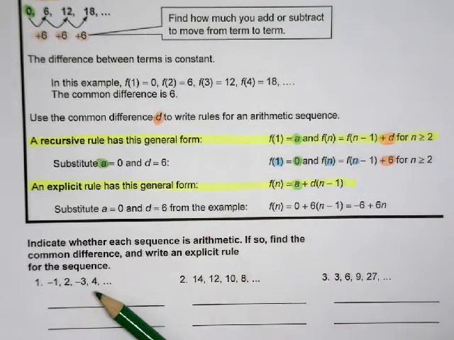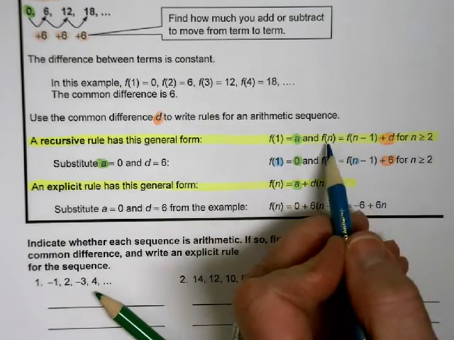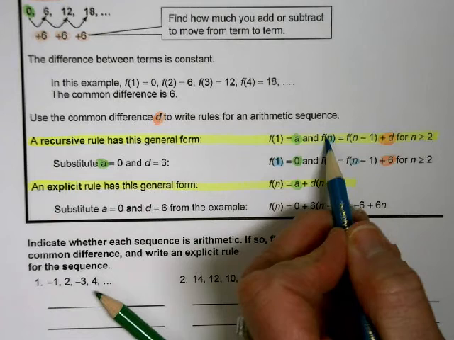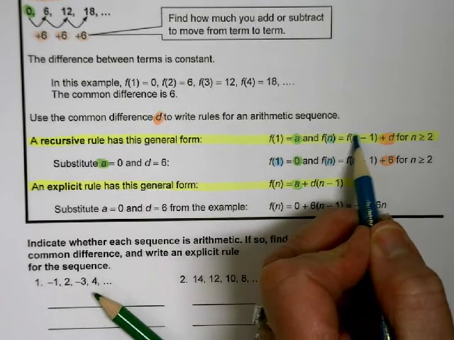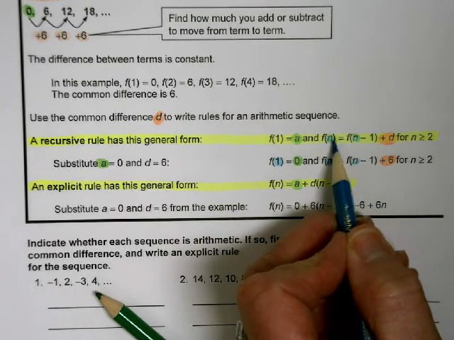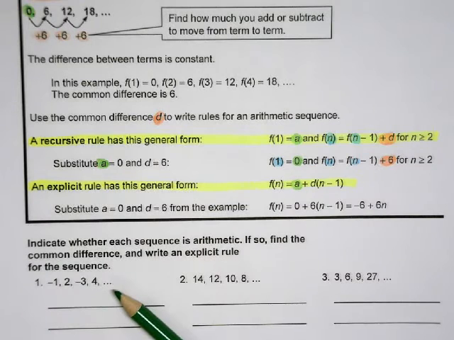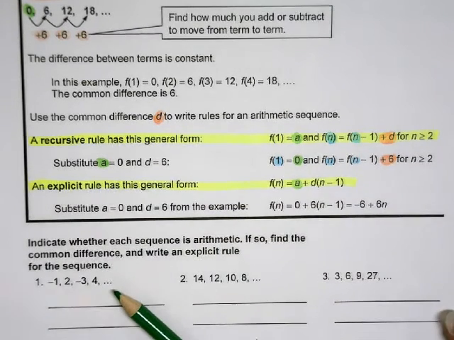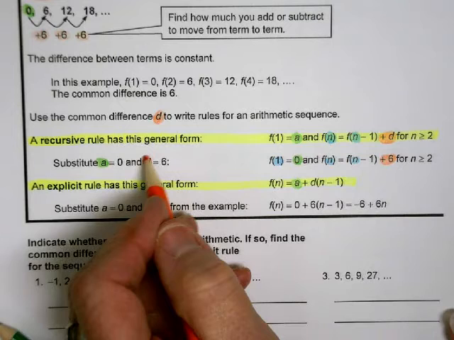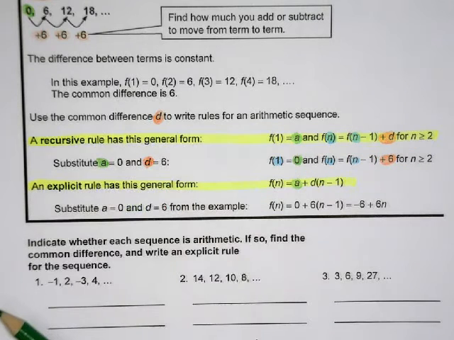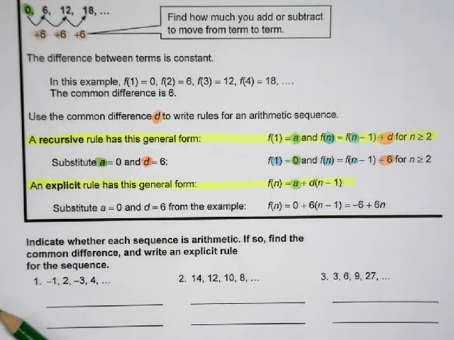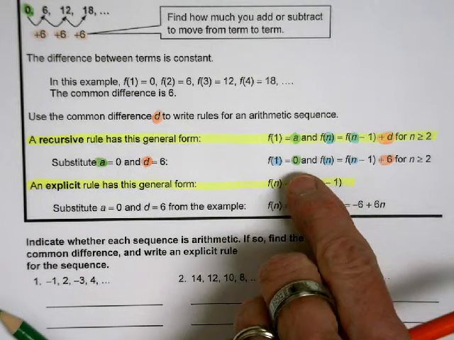Now, when I put blue on my yellow, it looks green, so I apologize for that. I can tell from my eyes. I don't know if you guys can see that. So that's supposed to be blue. And the difference in this case was 6. So you notice what I colored, okay?